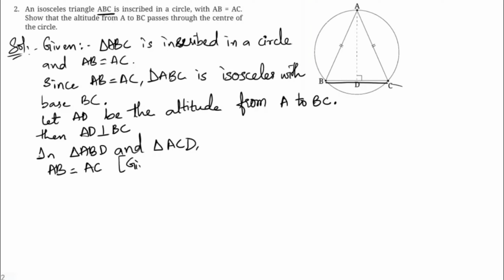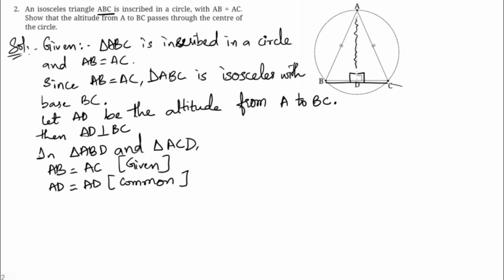This is given. And for these two triangles, what is common? This side, that is AD, is common. So AD is equal to AD, which is common in both the triangles. And angle ADB, this angle, and angle ADC, both are 90 degrees.